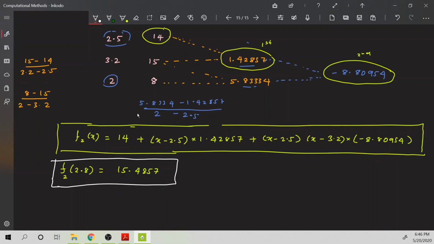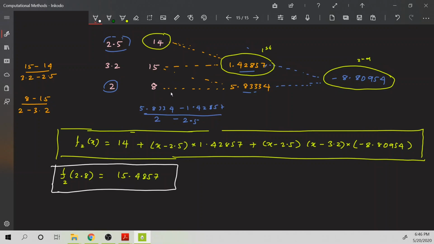Now at this point you might be thinking that given the choice, which one should you use? Should you be using Newton's divided difference, or should you be using Lagrange interpolation? Now if you see here, this is for f2.